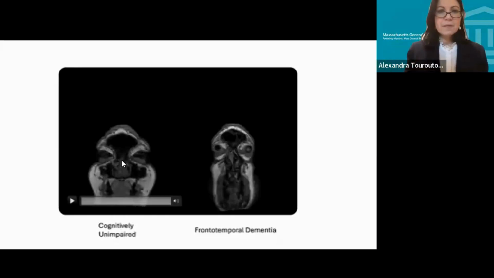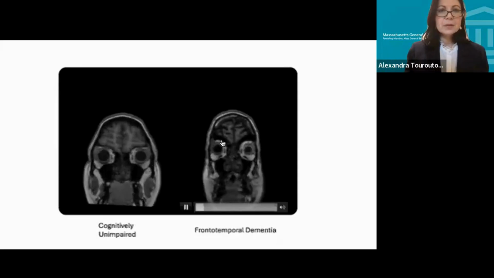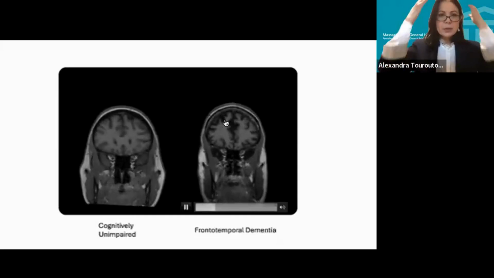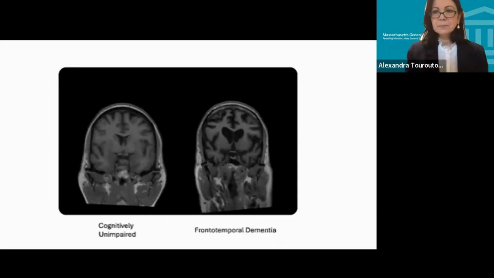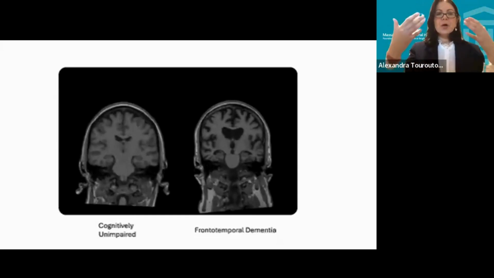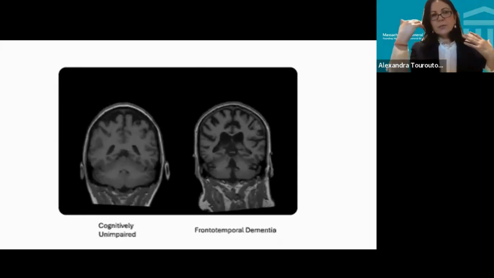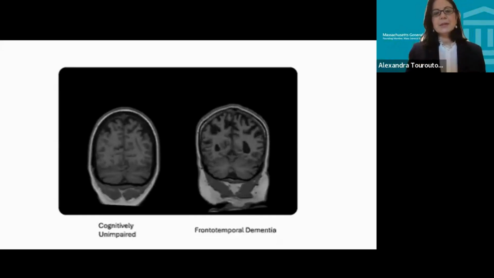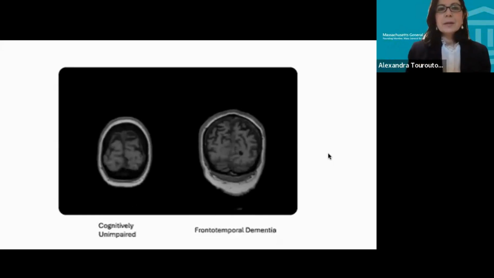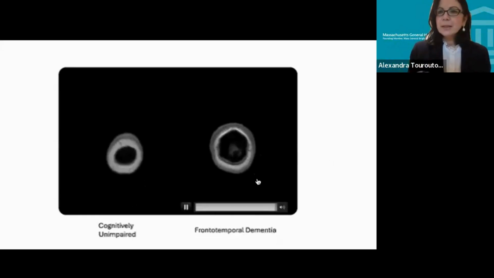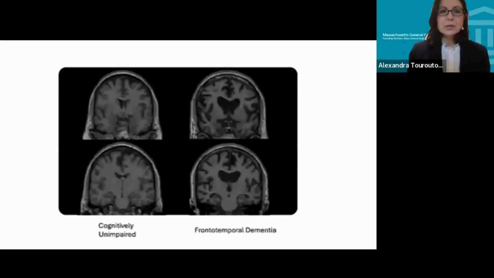These are the eyeballs, and that's the front of the brain, and then we're going back through the brain. We look at these MRI scans and evaluate the areas of the brain that show the shrinkage. And I'm going to show you in the next slide what I mean by shrinkage.